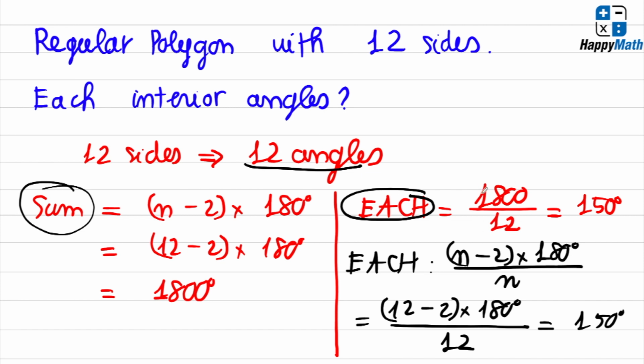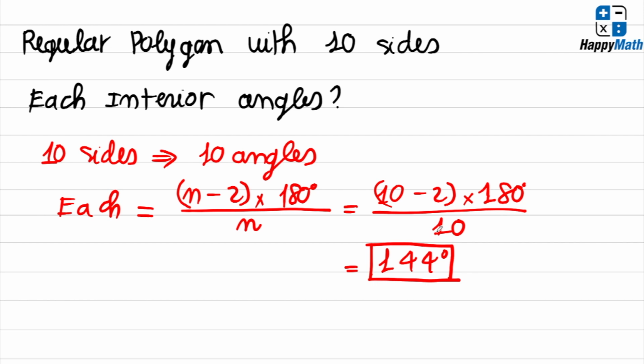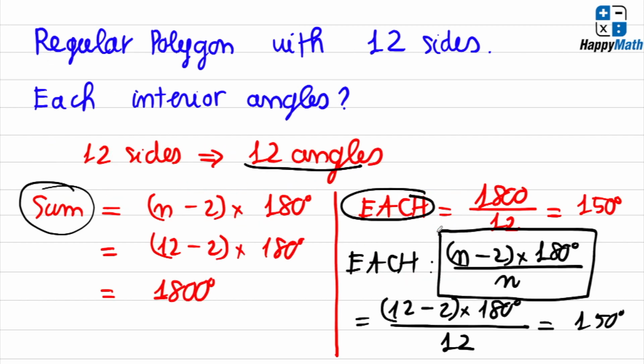Another way to find each interior angle is you calculate it using this formula. They are the same. For the first question, I applied the formula immediately, and for the other question, I calculated in two ways.